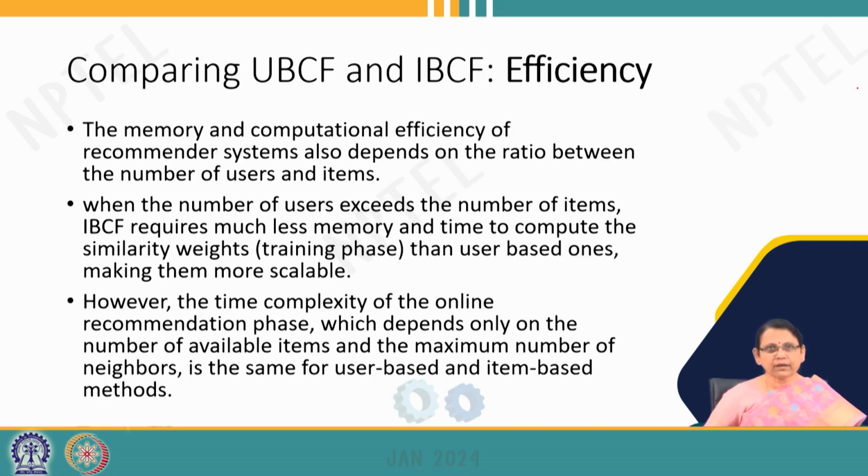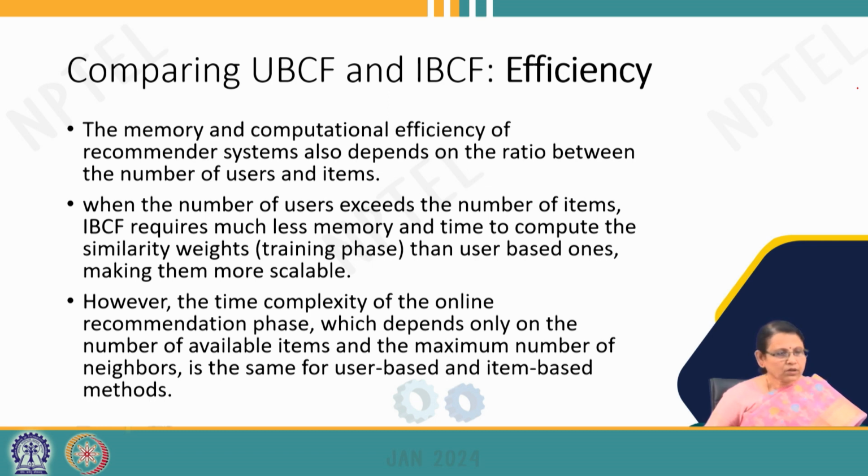Then next we compare both UBCF and IBCF based on efficiency. Now, what is efficiency? We can think of efficiency in terms of both memory utilization and computational efficiency, how fast the computation is taking place.